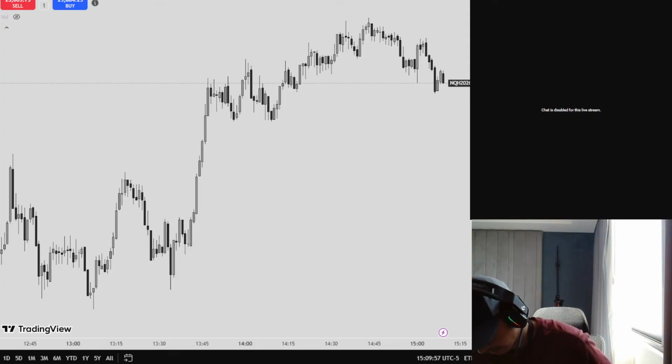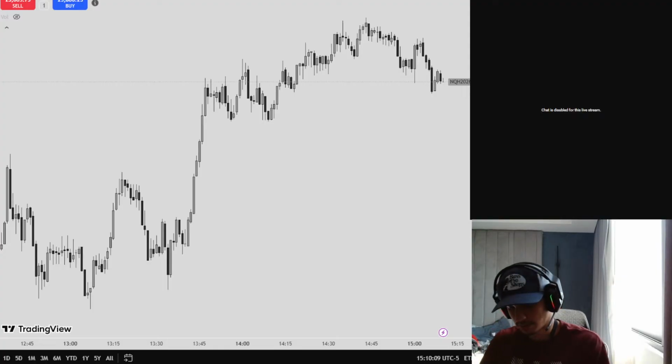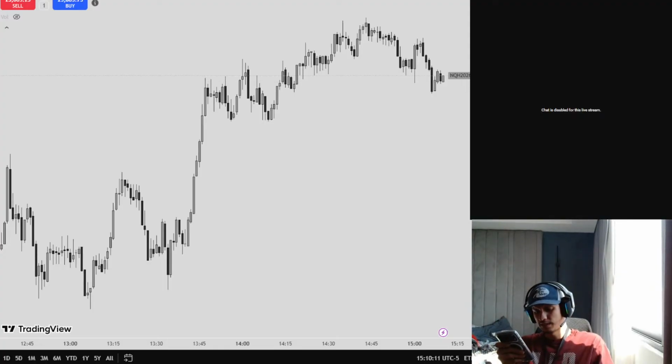Right there, we're tapped. We're in the trade. Like I said, we had a breaker block and a clear breakaway gap. We entered on the breakaway gap tap. So we are getting another good displacement here.